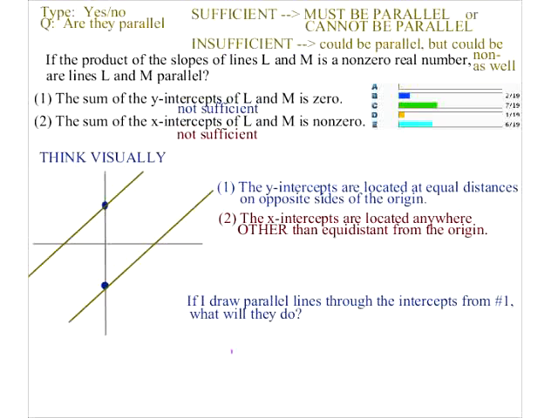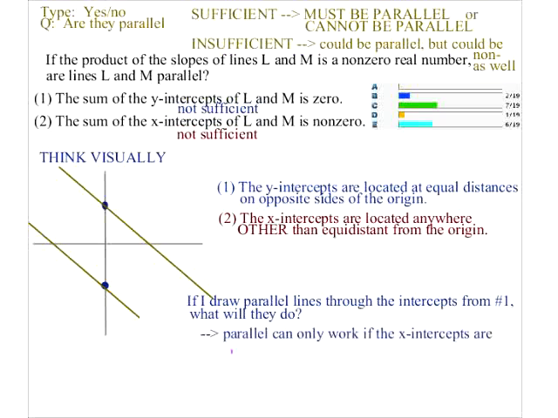Even if you have them sloping the other way, nothing will change. You still have this and this. They still have to be opposites. So parallel can only work if the x-intercepts are also opposites.